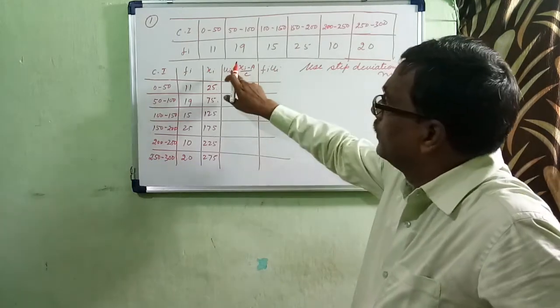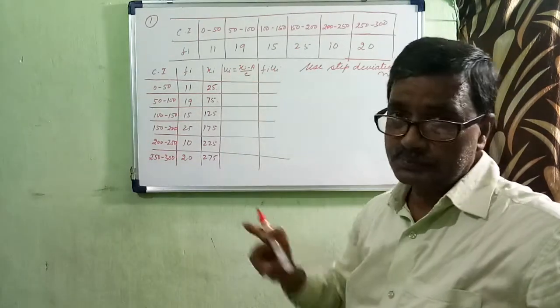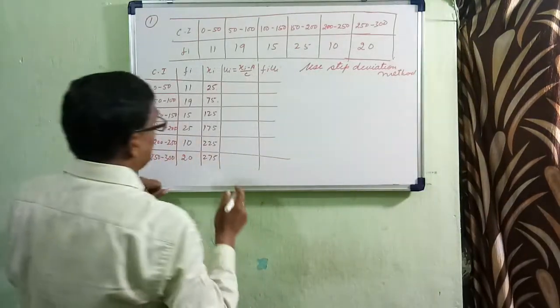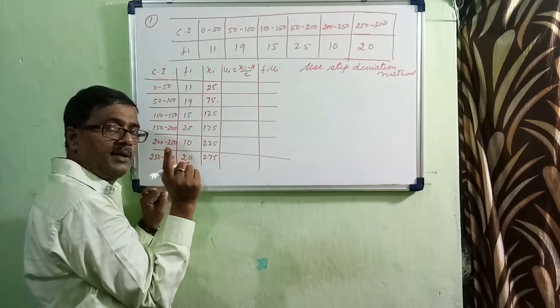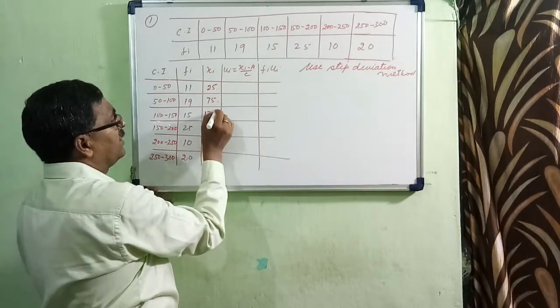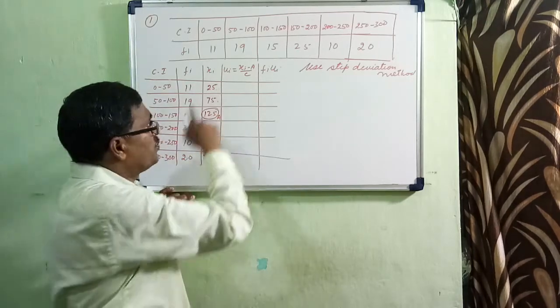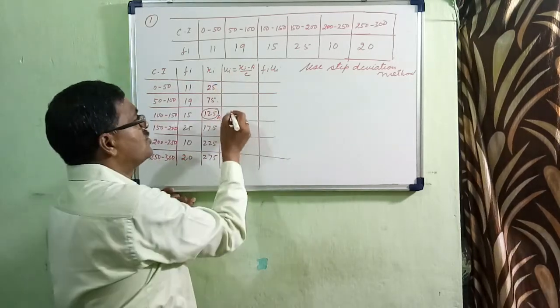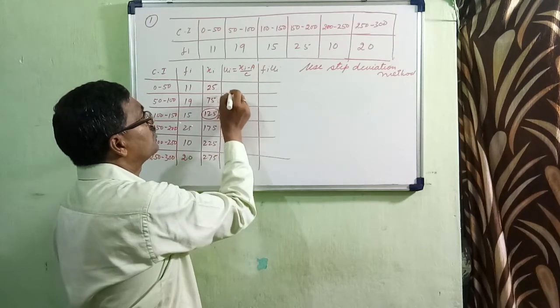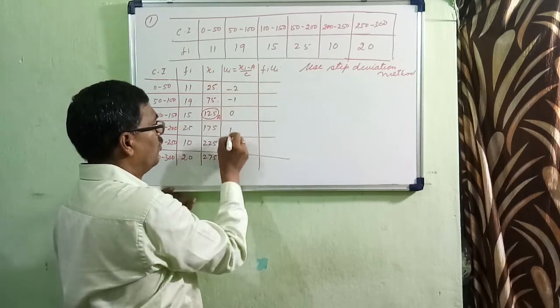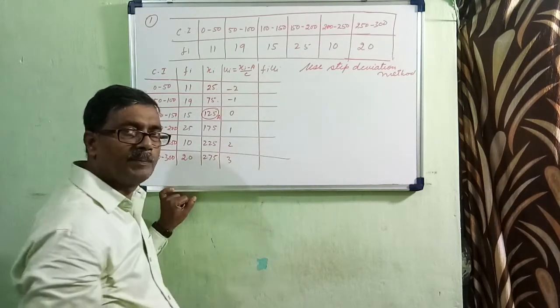And after that, you apply the trick here. Any of the XI you can take as A. Suppose I am taking A here. Do you remember what is the corresponding UI? It is 0. When you go up, minus 1, minus 2; going down, 1, 2, 3.